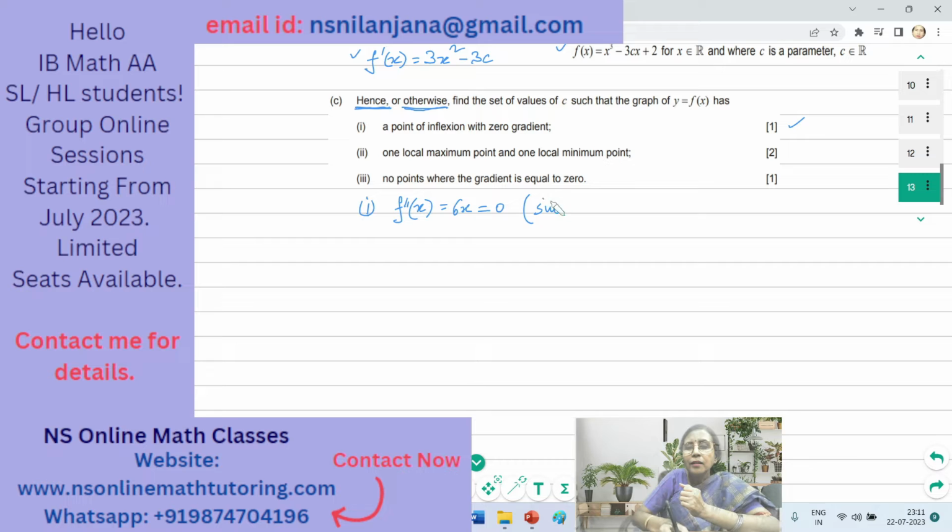Since it is a point of inflection, 6x equal to 0 means x equal to 0.